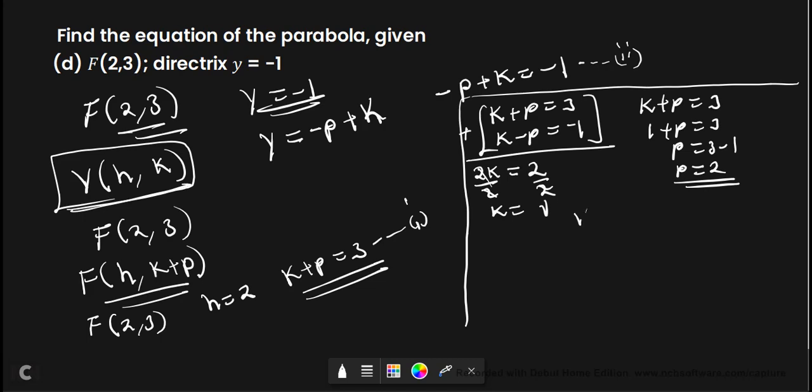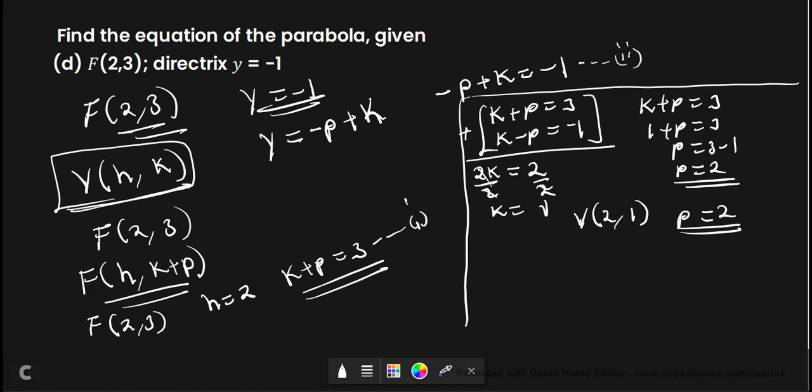What's your vertex? What's your h? It's 2. Then what's your k? Your k is 1. Then what else do we need? P. What's your p? Your p is 2. So what is the standard equation of the parabola that is moving in the y-axis, right?